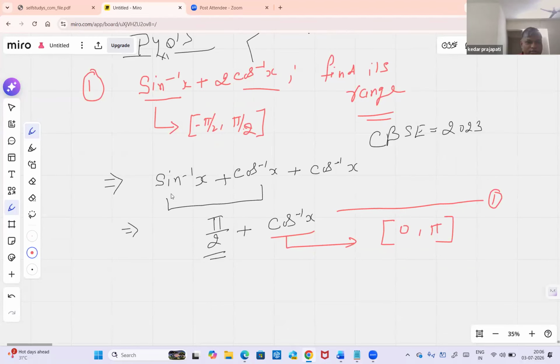Suppose this is f of x. So right now our f of x is this much. We have reduced the equation until here.